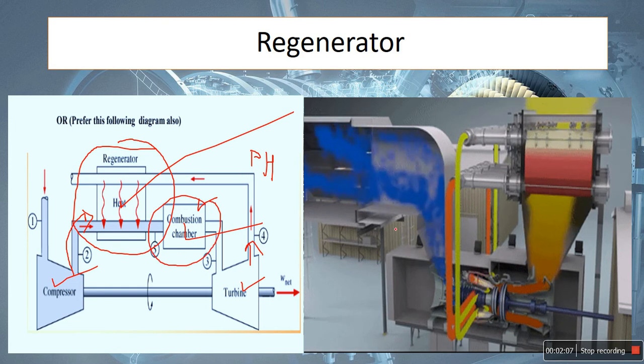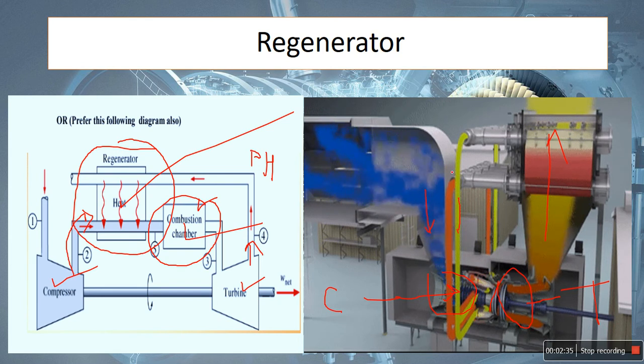If you see in the animation, the atmospheric air goes to the compressor here. The atmospheric air enters the compressor. After that, the compressed air, the yellow lines, comes in contact with the exhaust gas released from the turbine. This is the turbine, this is the compressor.